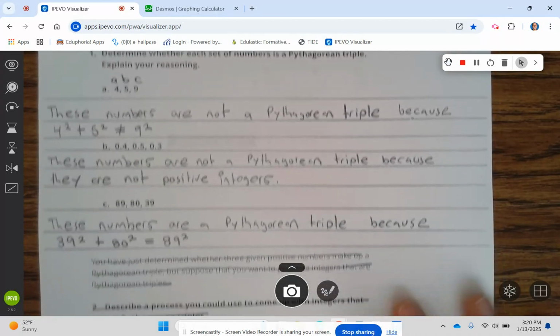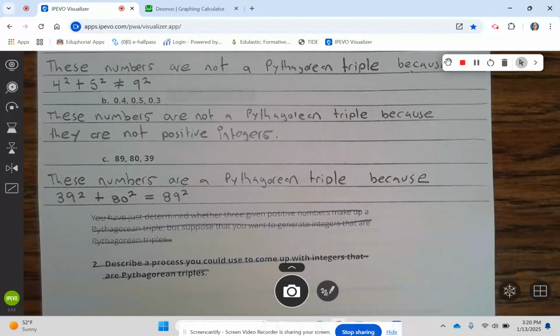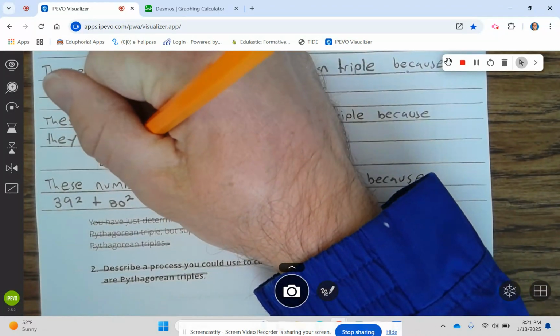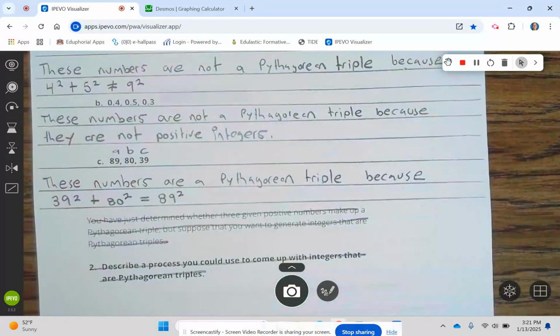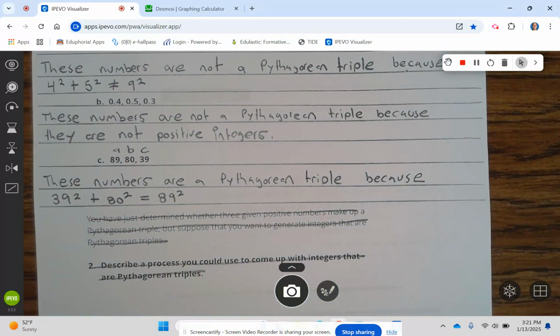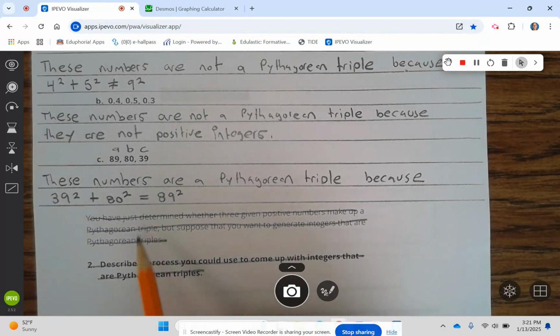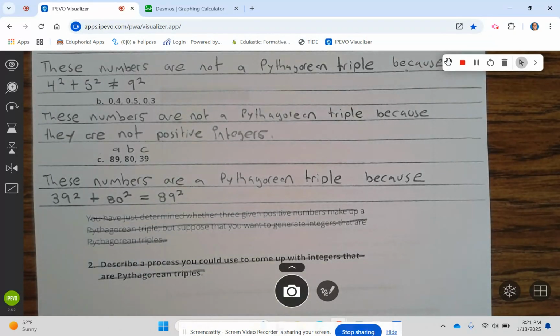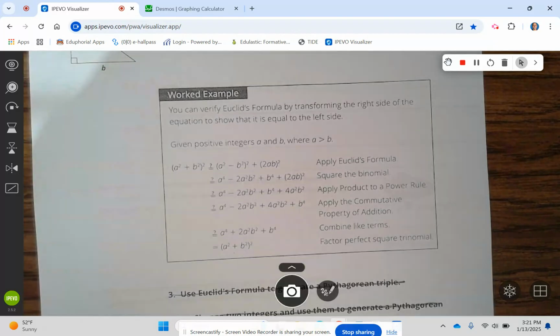All right, let's take a look at c. Again, this is a, this is b, this is c. These numbers are a Pythagorean triple because 39 squared plus 80 squared equals 89 squared. All right, go ahead and mark out this and this. Let's take a look at the next page.